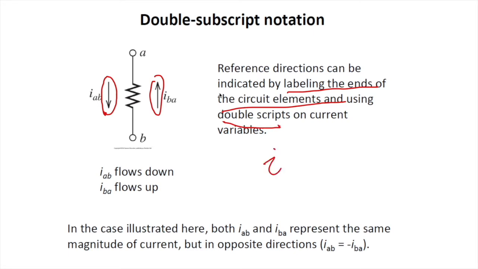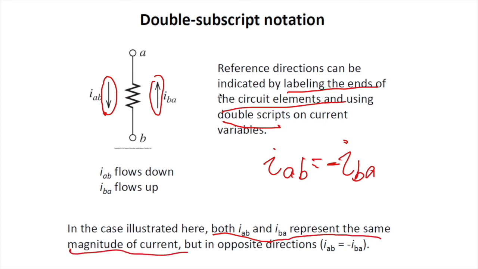For example, here we have current I_AB, which means that the reference direction is from A to B. And if we have I_BA, this means the reference direction is from point B to point A. And they are reversed. I_BA equals negative I_AB. So both I_AB and I_BA represent the same magnitude of current, but in opposite directions.